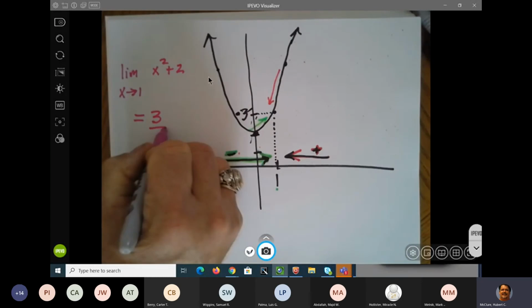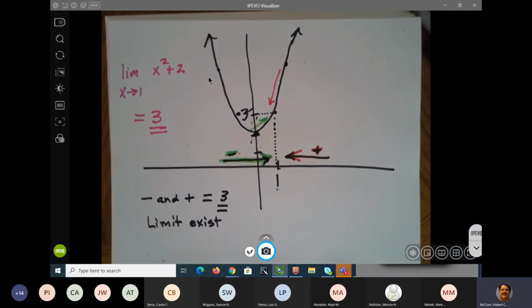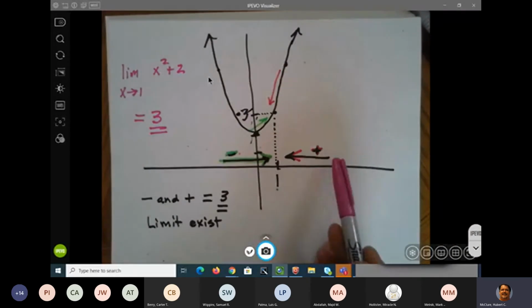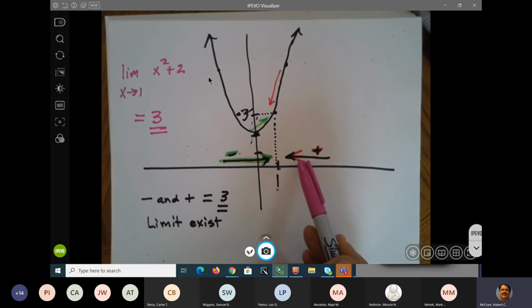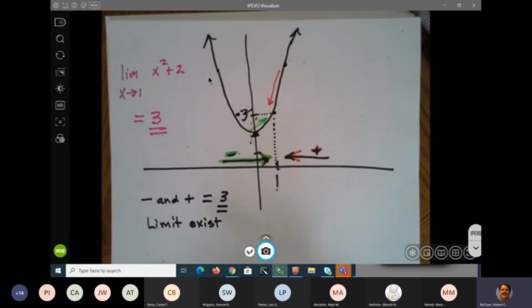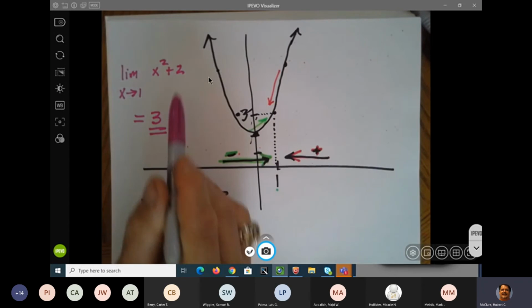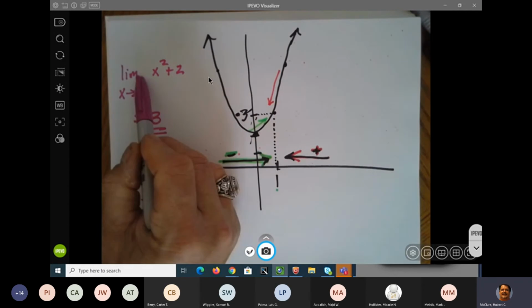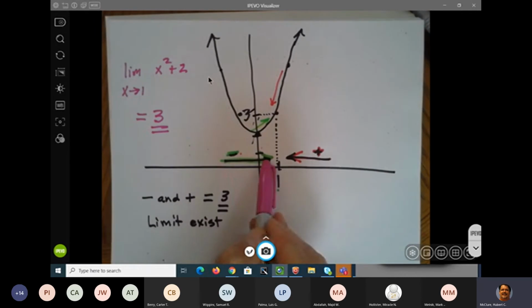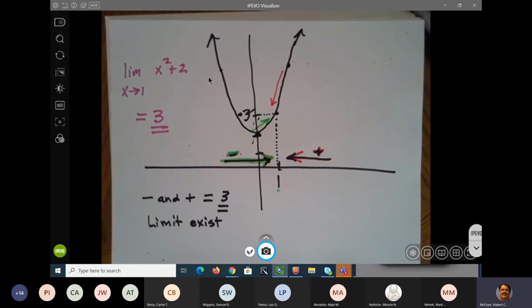I can say that with 100% confidence because I have no breaks in my line, and from the positive direction and the negative direction I get the same thing. y is equal to 3. So I can say that the limit as x approaches 1 from the right and the left of x squared plus 2 gives me that number for y. And that's what limits do. You're talking about converging. All 1.1 through 1.3 is talking to you about is convergence.